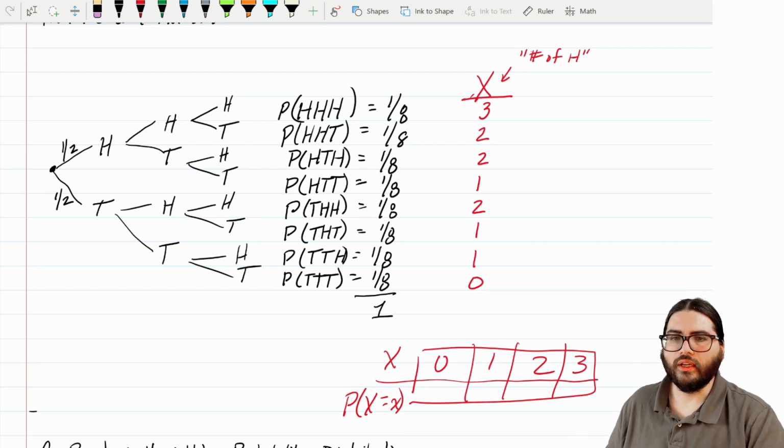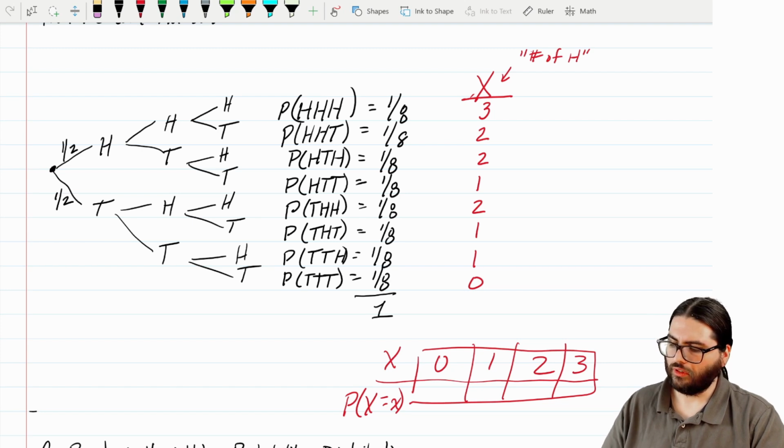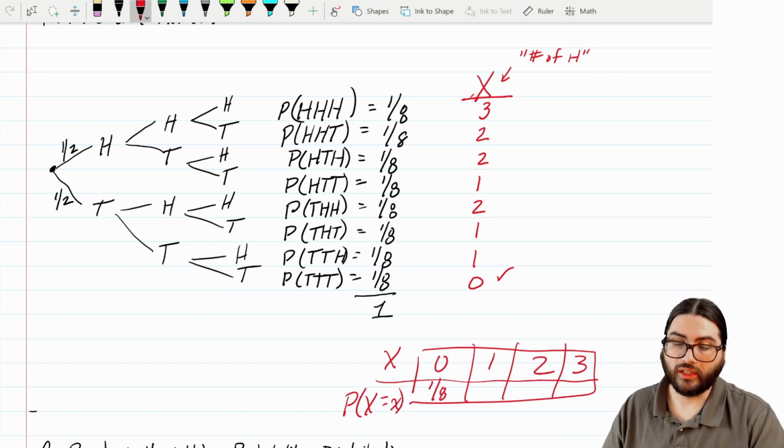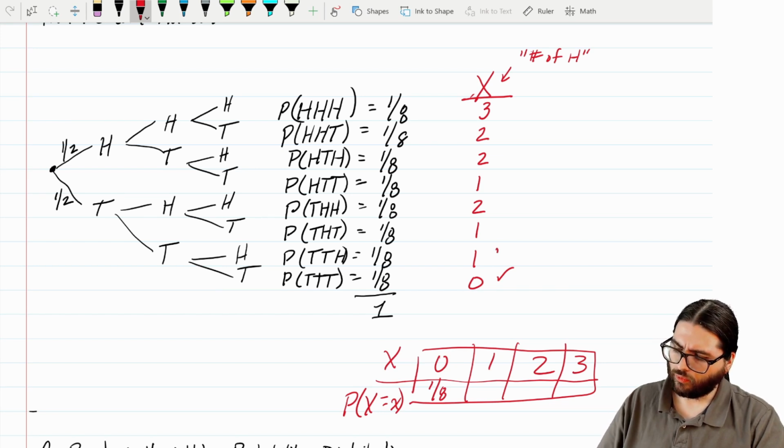Well, let's see. We know all of these outcomes are 1/8 likely, so we can just count. How many outcomes are assigned to the number 0? Just 1. So that's 1/8. There's only one outcome, and that's a total probability of 1/8. How many outcomes are assigned to the number 1? It's 1, 2, 3 different outcomes.